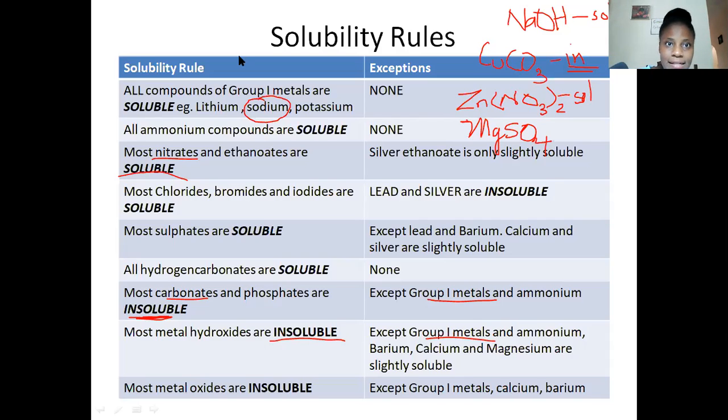All right, Othniel, you are next. Tell me if this is soluble. Lead chloride.